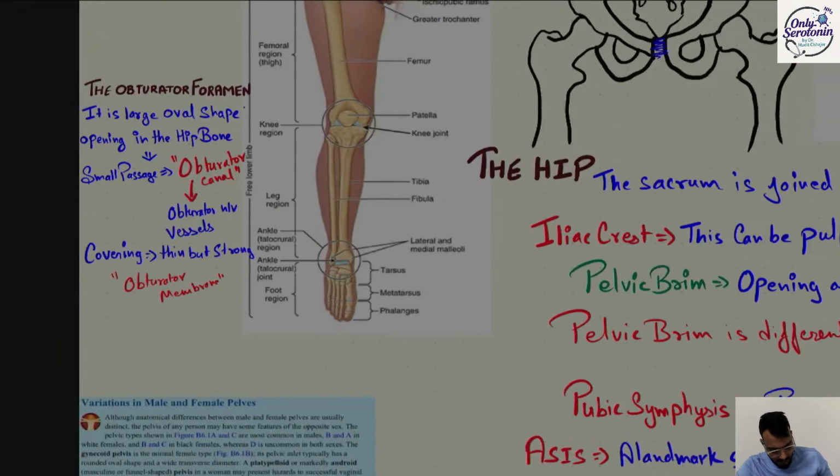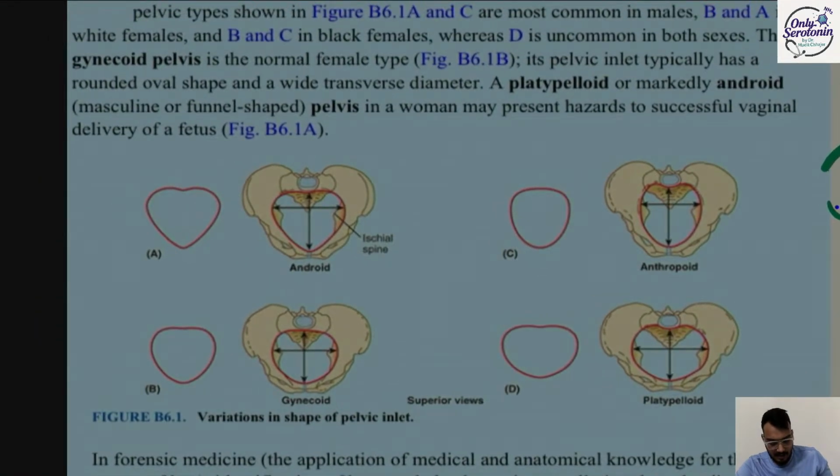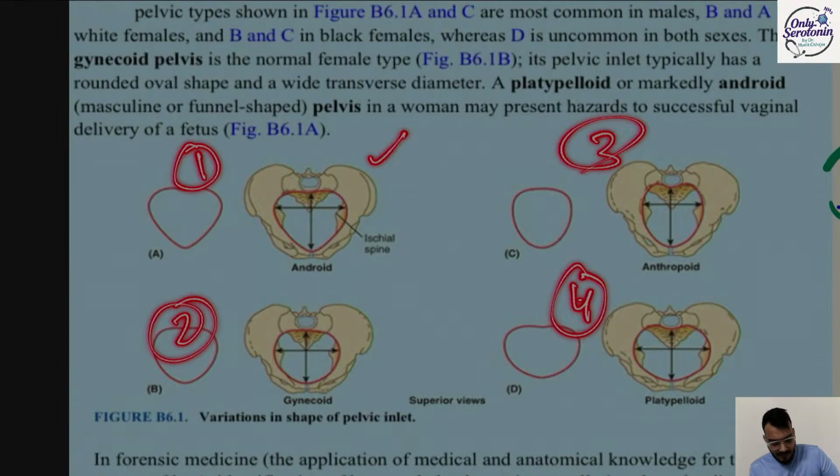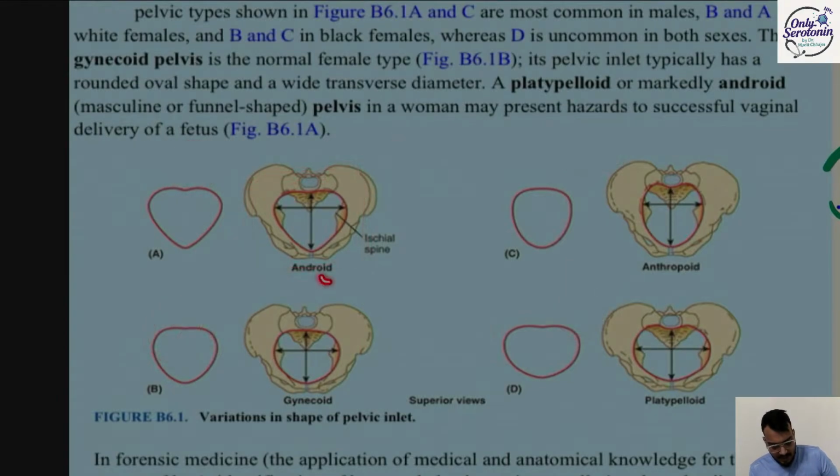Okay. Now let's see the shapes of the pelvis, guys. These shapes of the pelvis are very important, for now as well as for FMG. When I was giving FMG, I had this question in my exam, and they asked me about the gynecoid shape. So they correlated gynecology with anatomy, right? In total, we have four shapes. The first is the android shape. The second is the gynecoid shape.